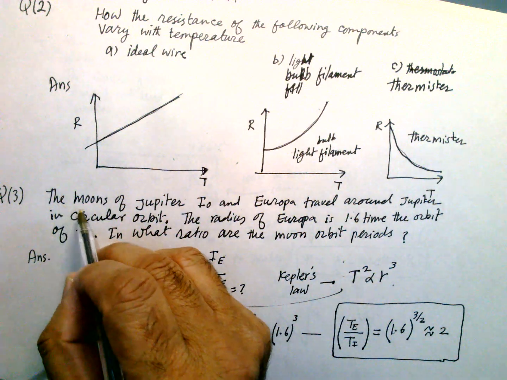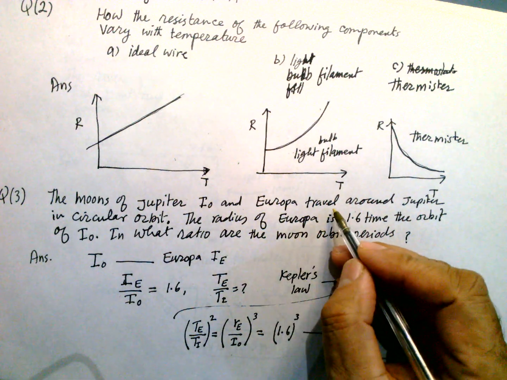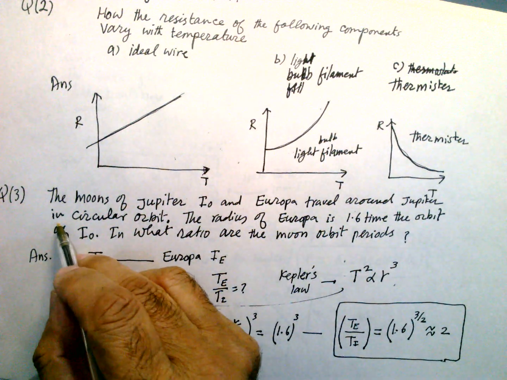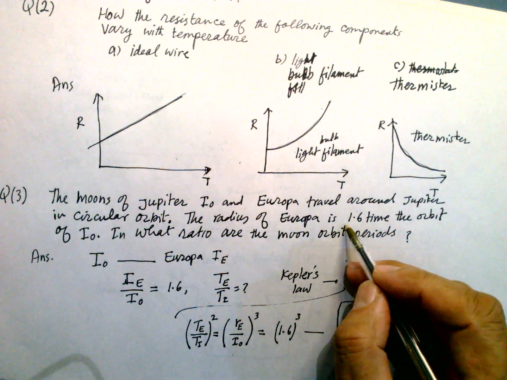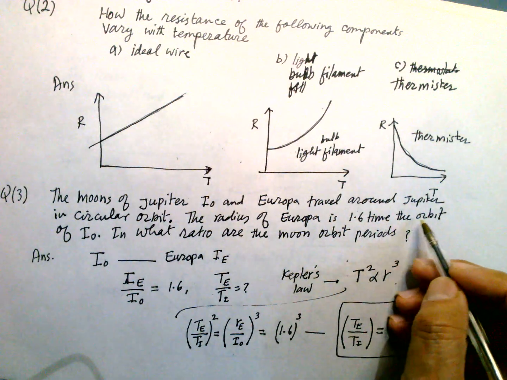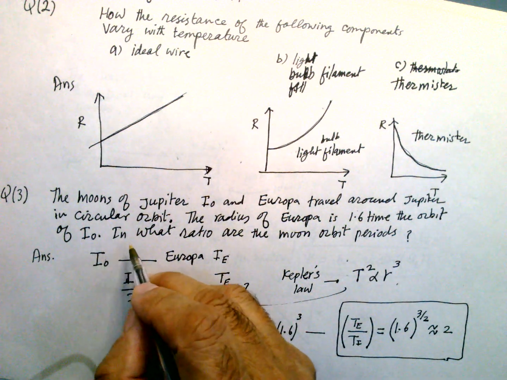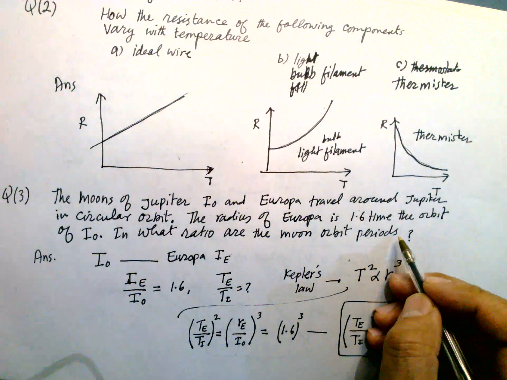Next question, question number 3. A moon of Jupiter, Io, or Europa, travels around Jupiter in a circular orbit. The radius of the orbit of Europa is 1.6 times the orbit of Io. In what ratio are the moons' orbital periods?